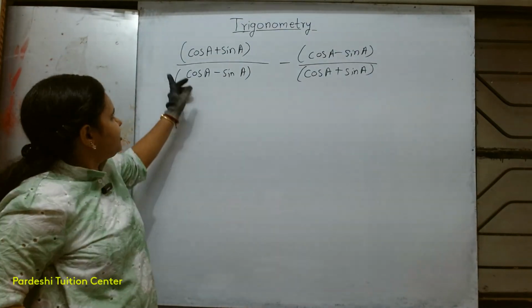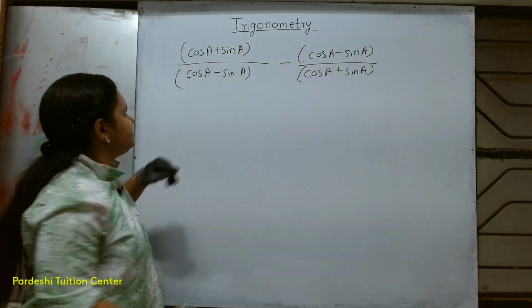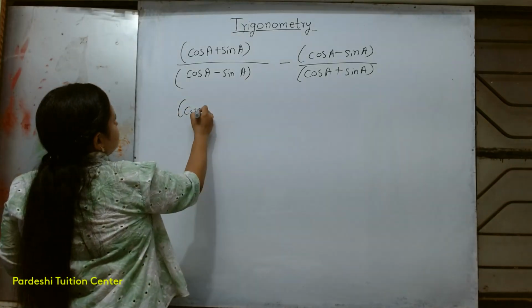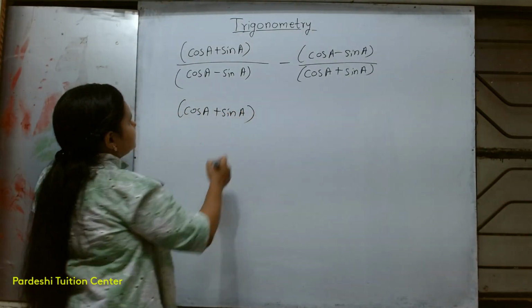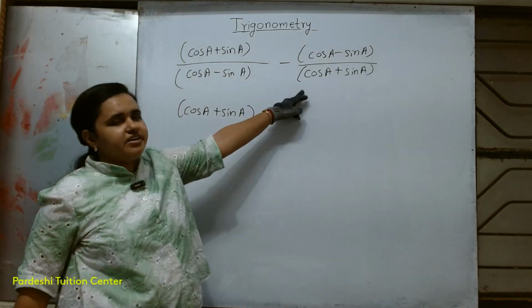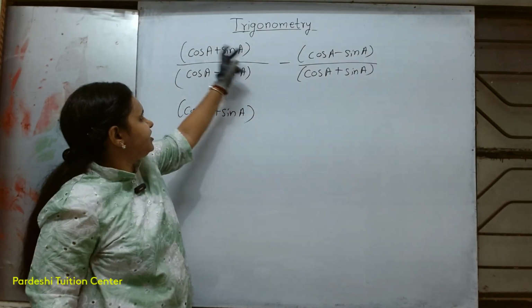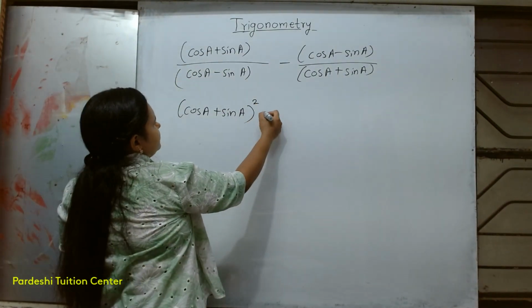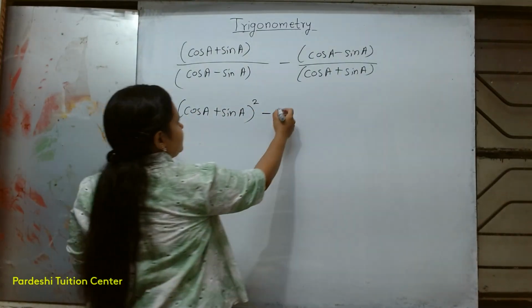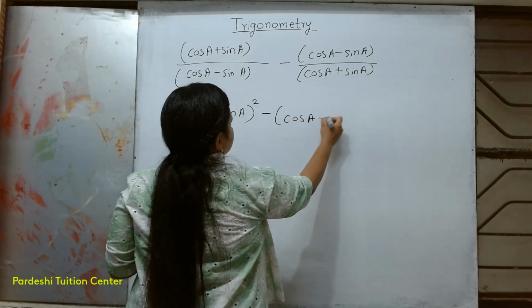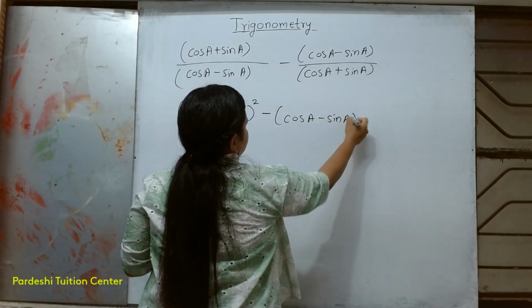So if we cross multiply it, it will be (cos A plus sin A) square minus (cos A minus sin A) square, here it is cos A plus sin A, here it is also cos A plus sin A, and cos A minus sin A into cos A minus sin A.